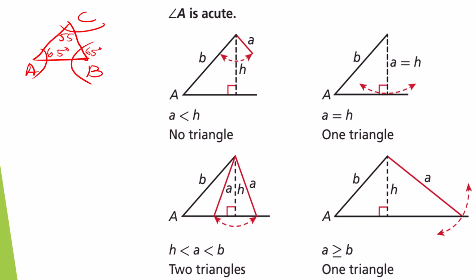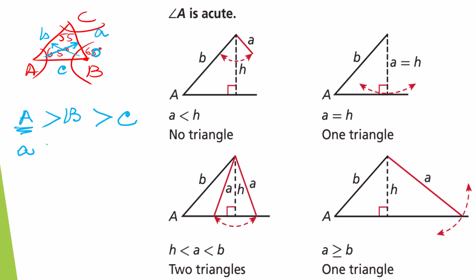So I can say that angle A is bigger than angle B, and angle B is bigger than angle C. If this is the case, then name the side opposite to the biggest angle A as A, opposite to B as B, and opposite to angle C as C. If angle A is the biggest, the side A will also be the biggest.